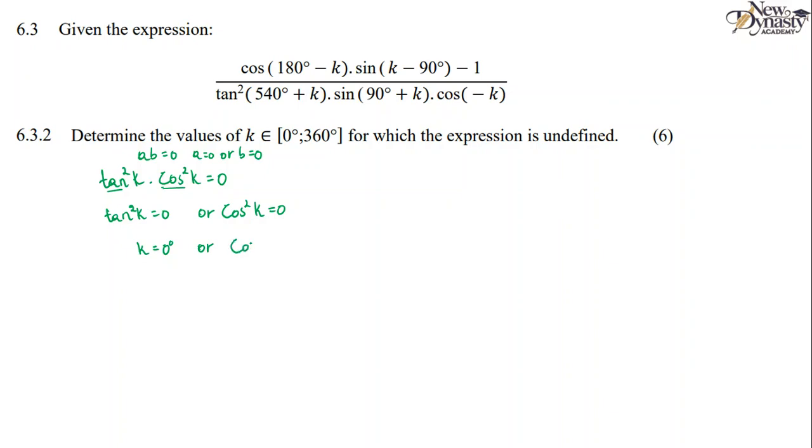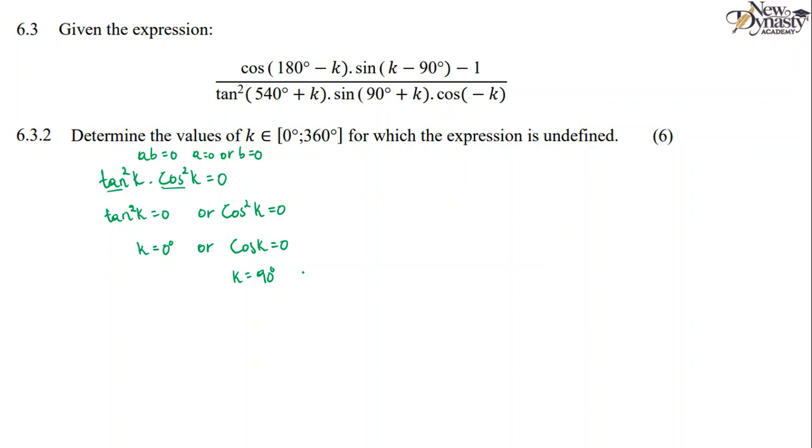So we start off by saying cos k equals 0. Then k, the second function of that, is going to be 90. Let's just use the calculator for that. And remember, this can be plus or minus, or you can just take the multiples of 90. So every 90 degrees, this is going to be undefined.